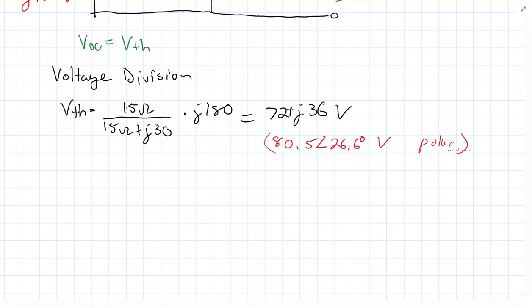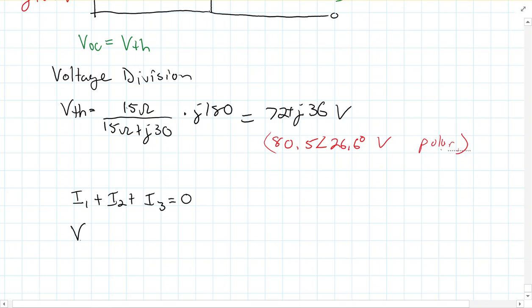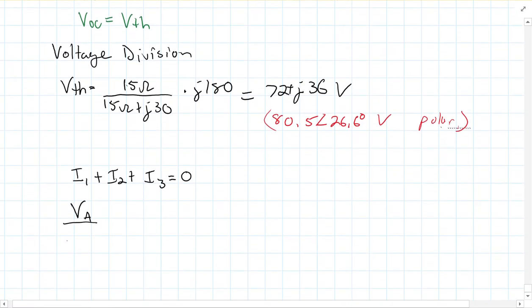Now there is another way you could have done this. You could have again used those currents here where you have I1 plus I2 plus I3 equals 0, and then I1 would be some voltage, I'll just say VA over J30 plus VA over 15 plus 0, which then is equal to 0. Actually, I just had that equation wrong here. This shouldn't just be VA.